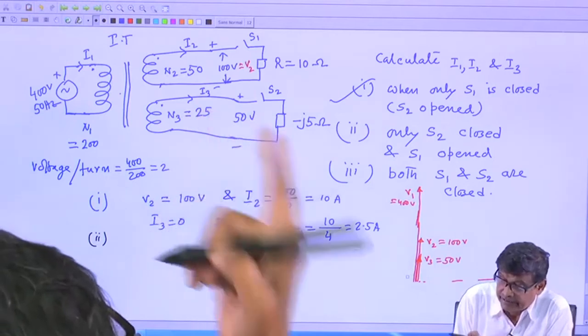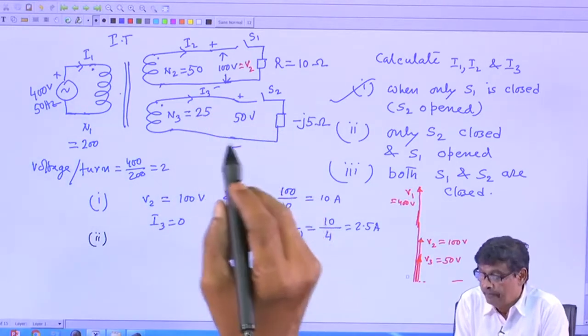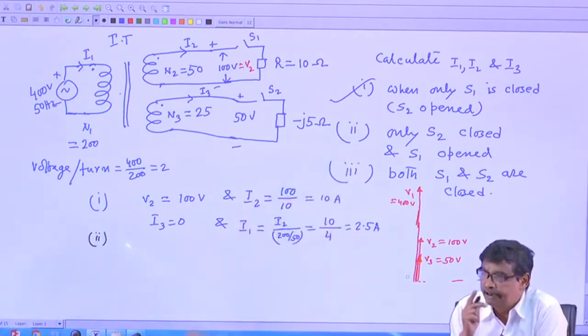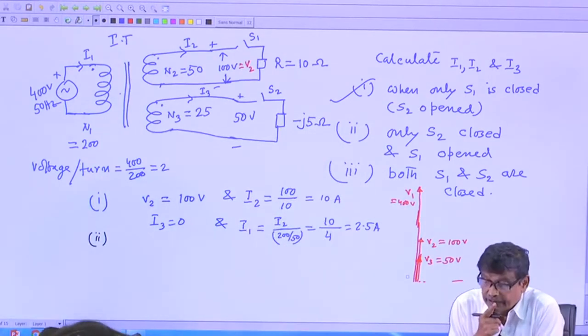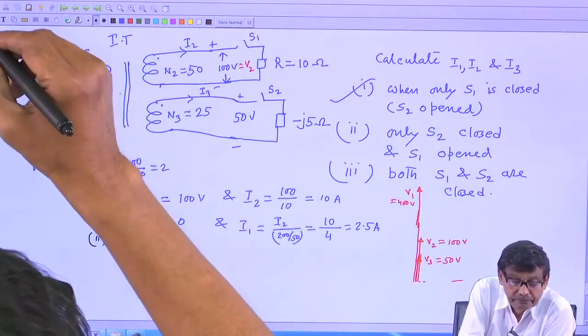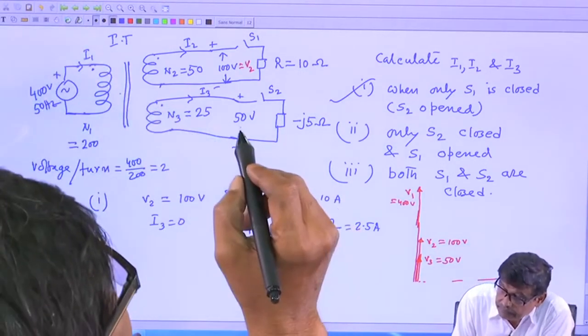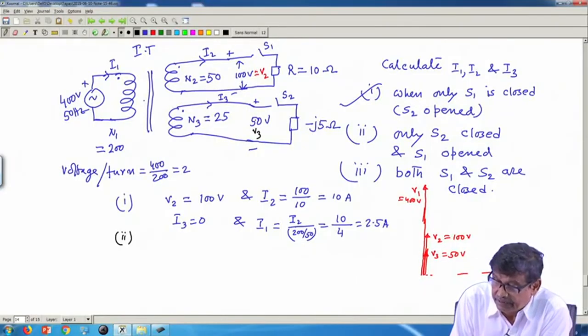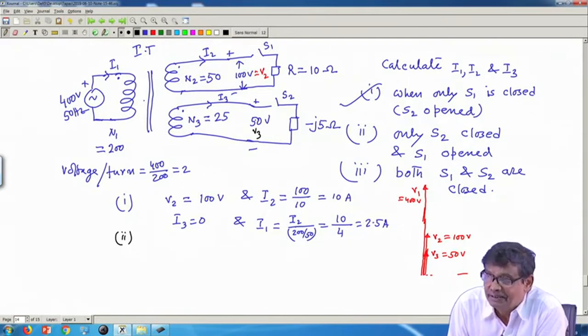How much is I 3? I 3 will be 50 by 5, that is 10 ampere, but this current will lead V 3. This is your V 3. It will lead V 3 by 90 degree. And what is the magnitude of this current?